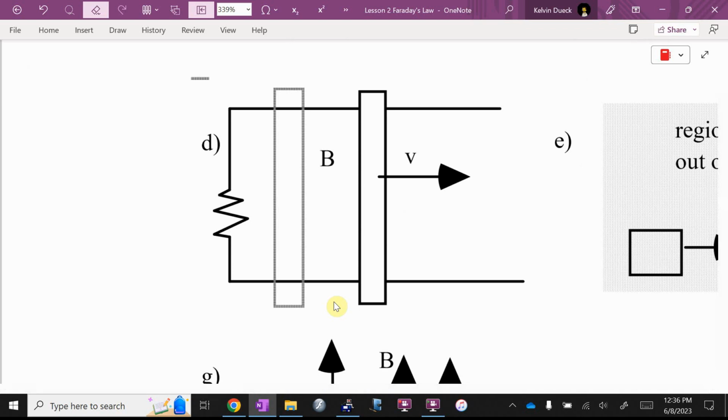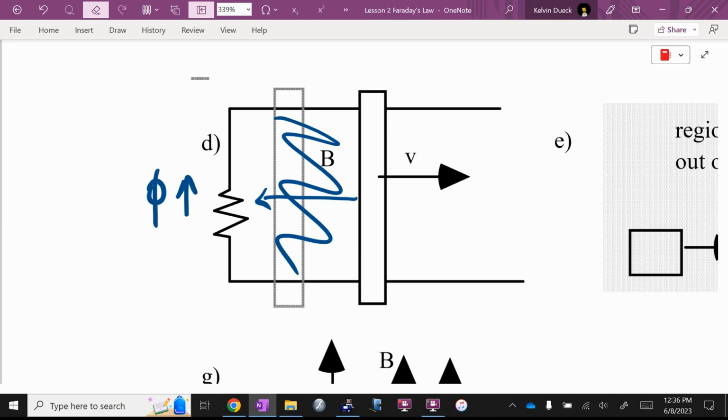This was Faraday's aha moment. The area is increasing. What area? The area behind the bar. The area behind the bar is getting bigger. Flux is increasing. This was how he was able to link the bar to the concept of flux.